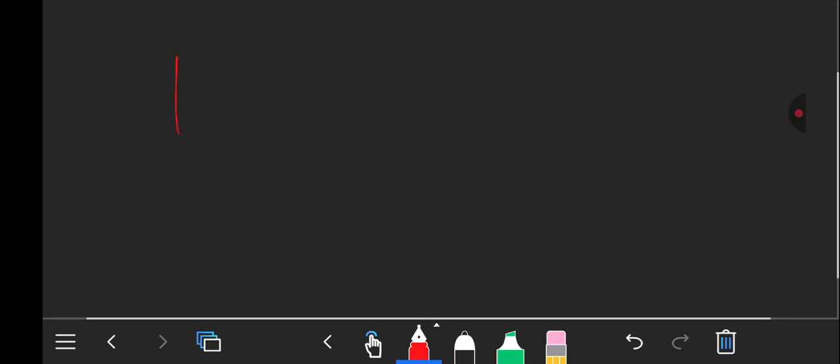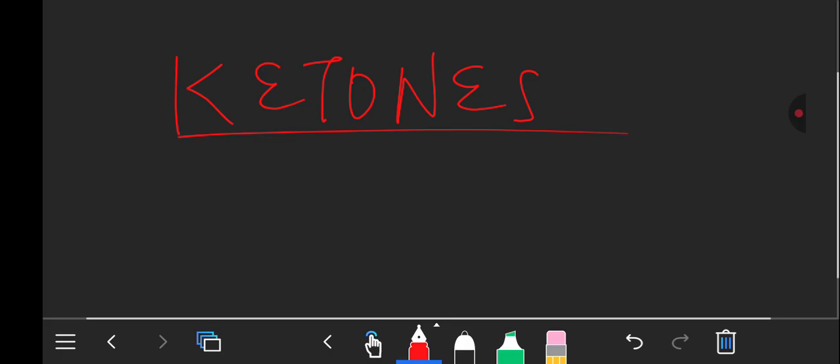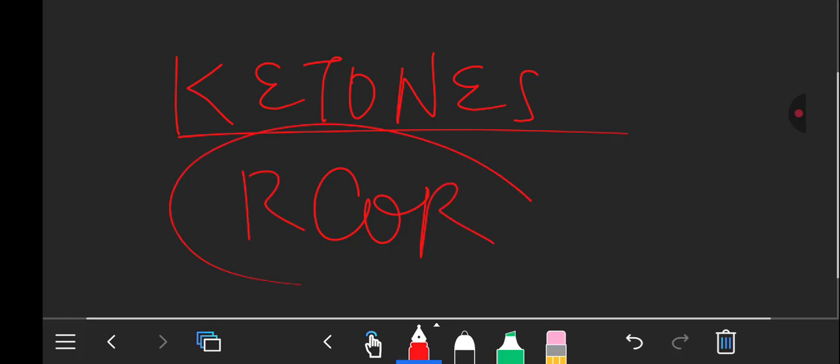So when you're talking about ketones, they are just organic compounds which have a functional group of this kind. So this is what we call a ketone.